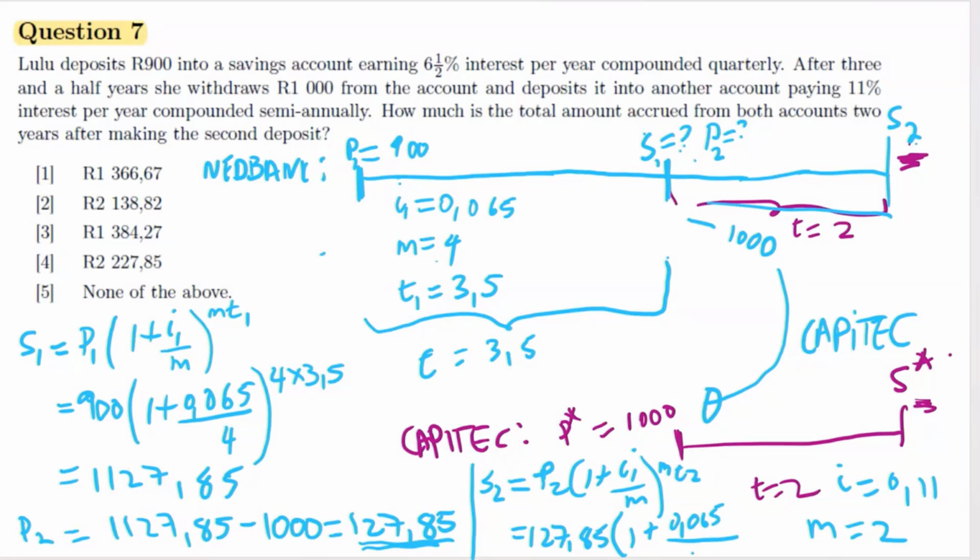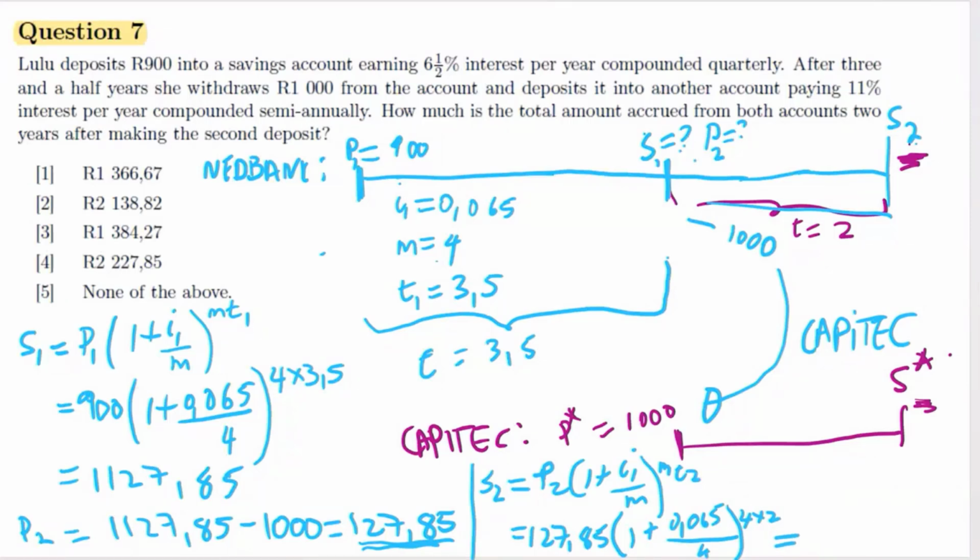So we are still having 4 to the power. Our M is still 4, but it is only running for 2 years, so this is going to be multiplied by 2.